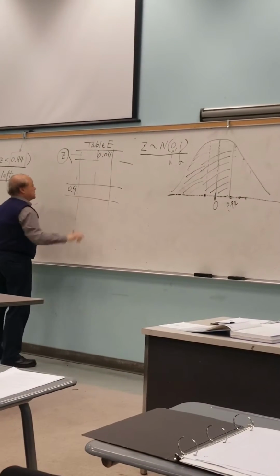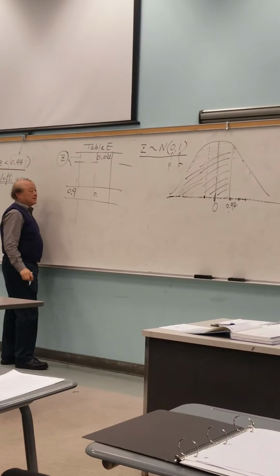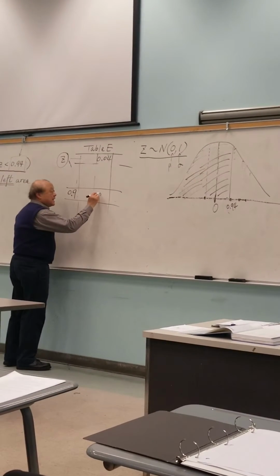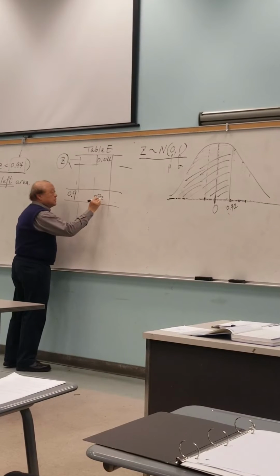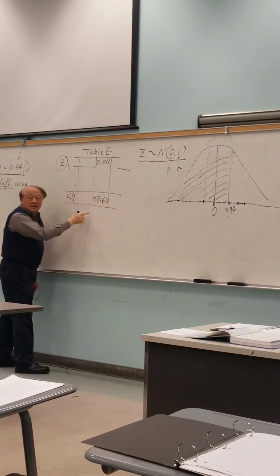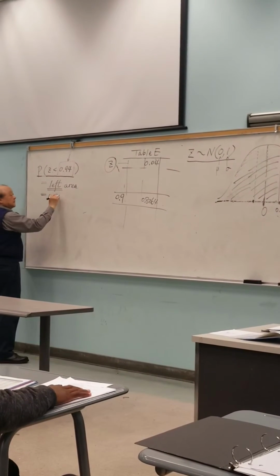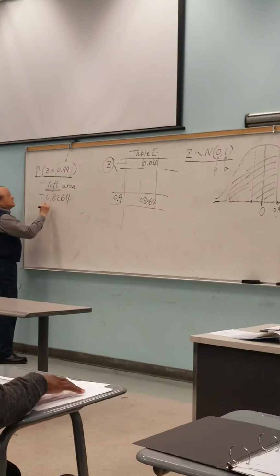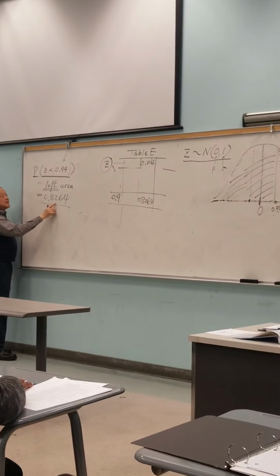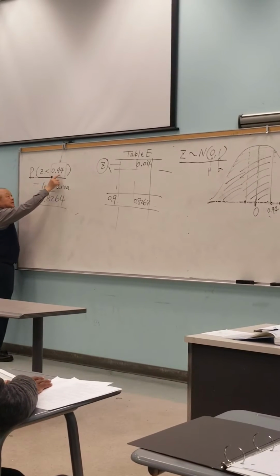How much? 0.8264. It's about 83% chance the random variable will take a value under 0.94.